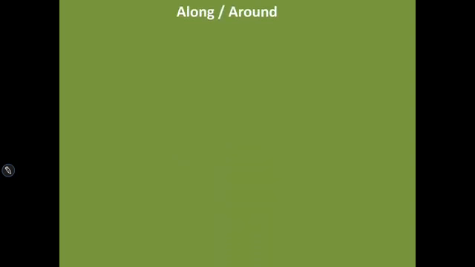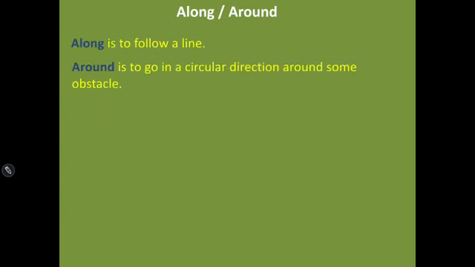Next is the difference between along and around. What is along? Why is it used as a preposition? Along is to follow a line. In other words, along is used to show the movement of a person parallel to another thing lengthwise, like a road or anything.